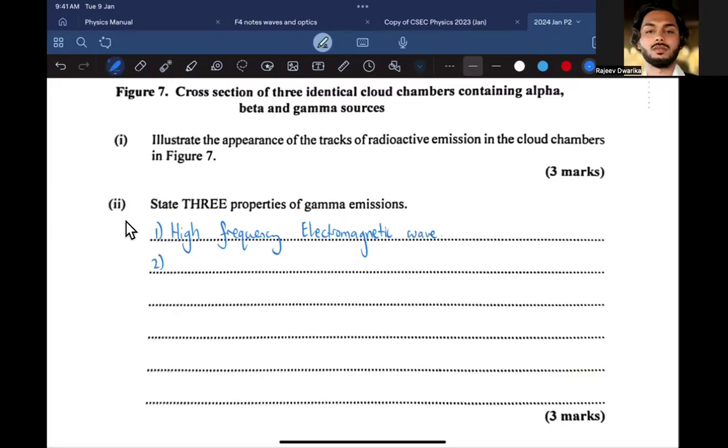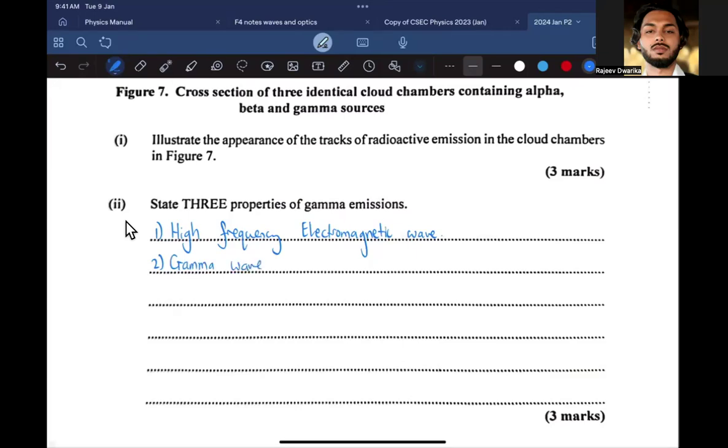Part 2. Jadon, tell me a property of gamma waves. Another property of gamma waves is that they travel at the speed of light.